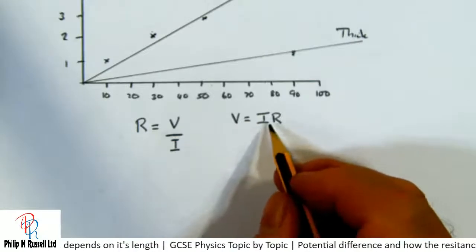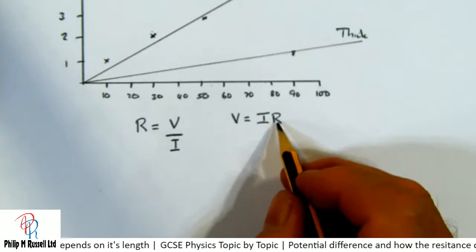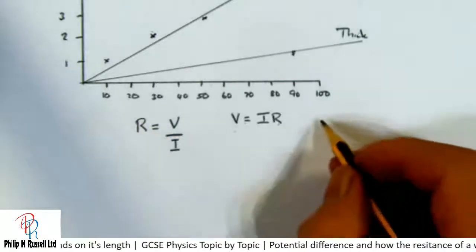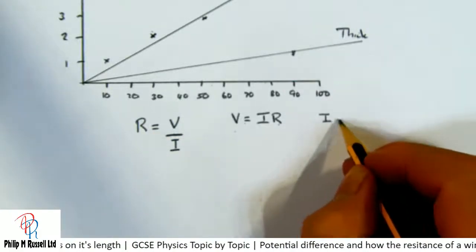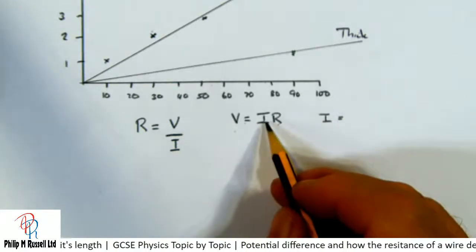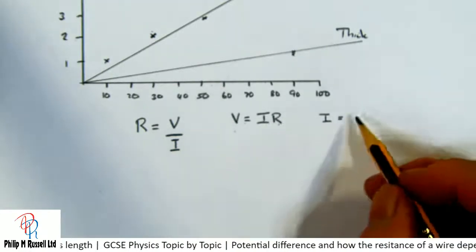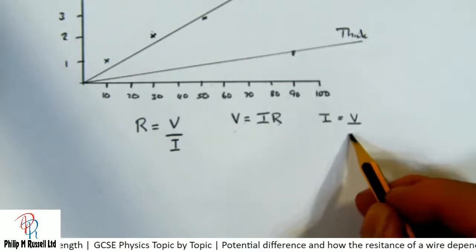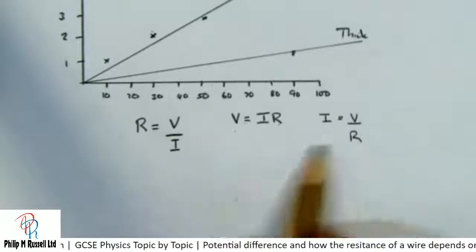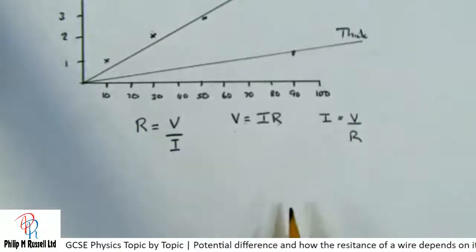And then, because I'm reasonable at maths, I can then rearrange this formula to remember all the other ones. If you can't do this, then you basically need to remember these three different ones so you can work them all out.